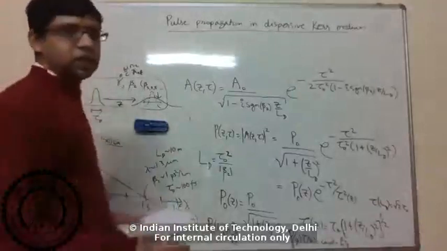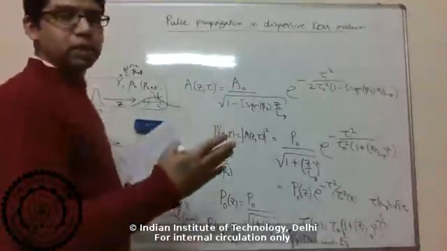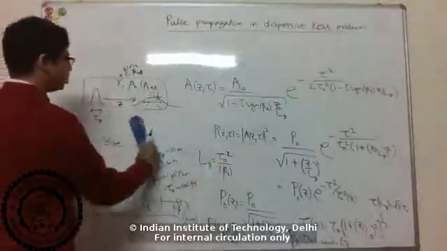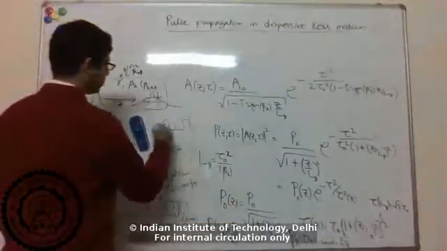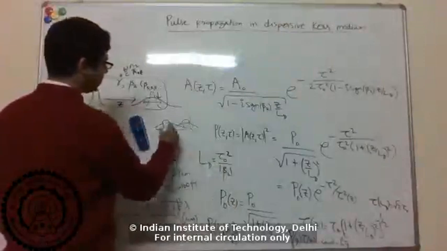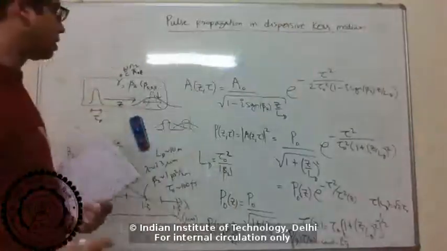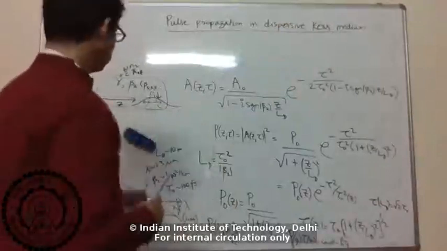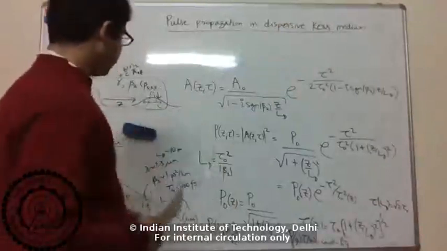Right, so for optical communication, you don't want the pulse to spread too much, right? Because you're sending consecutive bits, and if the pulse spreads too much, then the neighboring bits will start overlapping with each other, right? And basically give you errors. So you want this LD to be large.